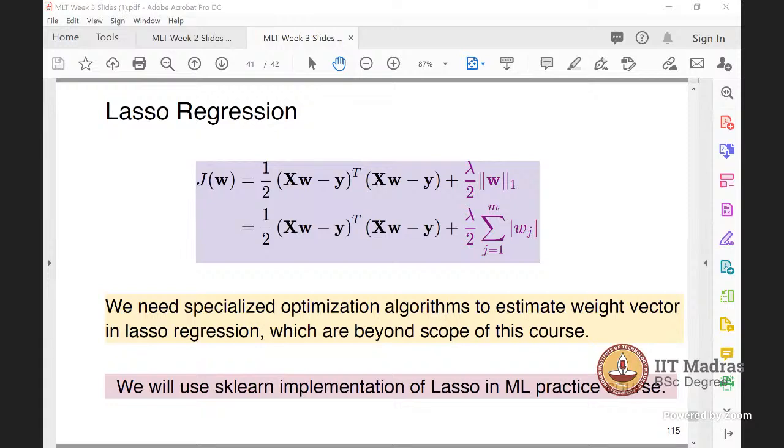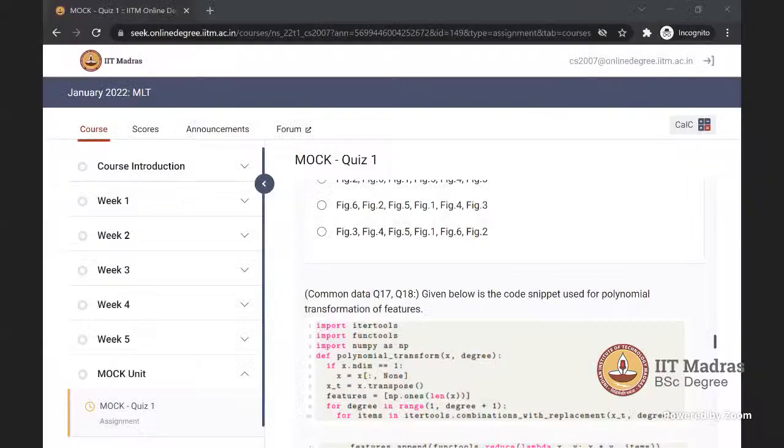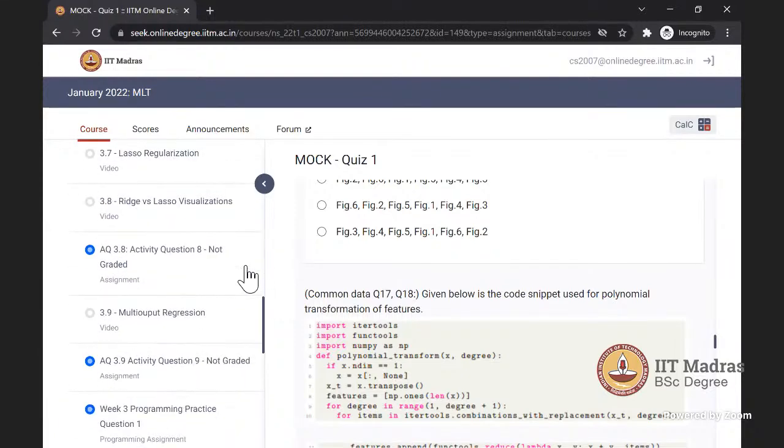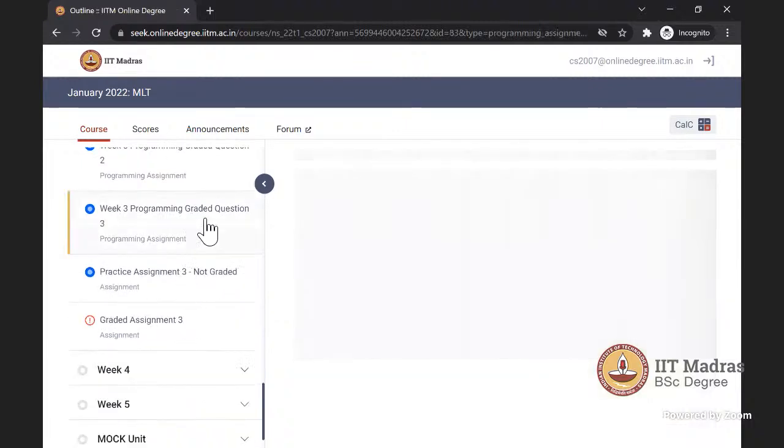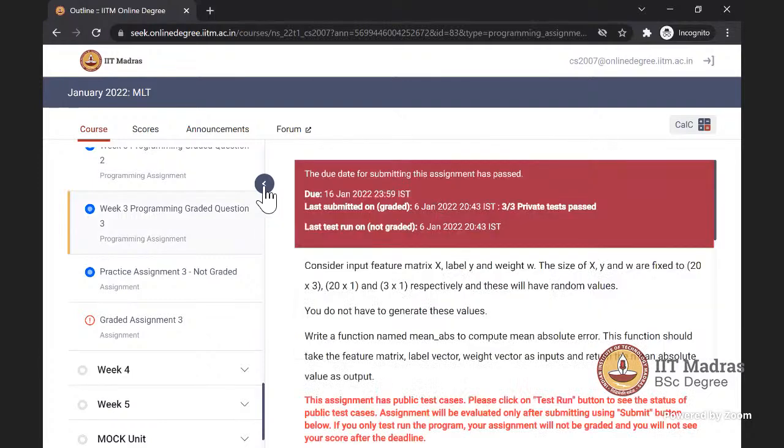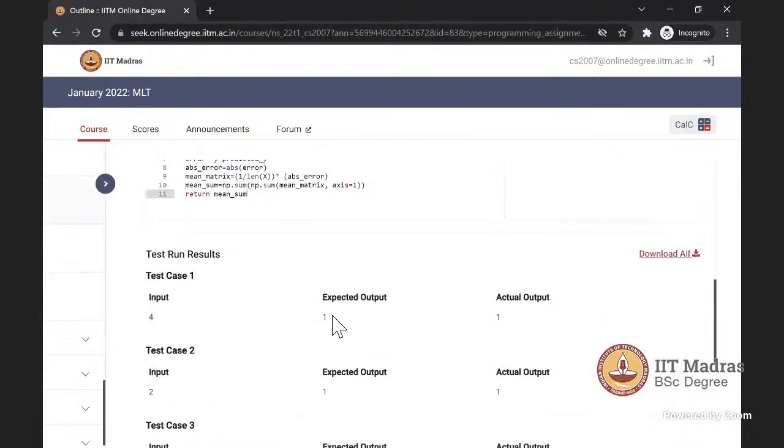Okay, give me one moment. Is my screen visible? Yes, sir. So mock 3, graded assignment GA3.